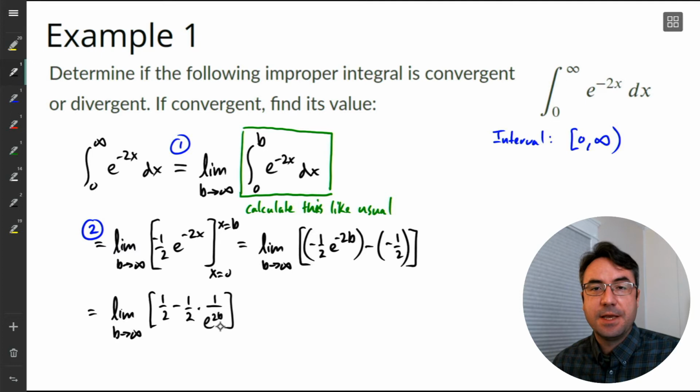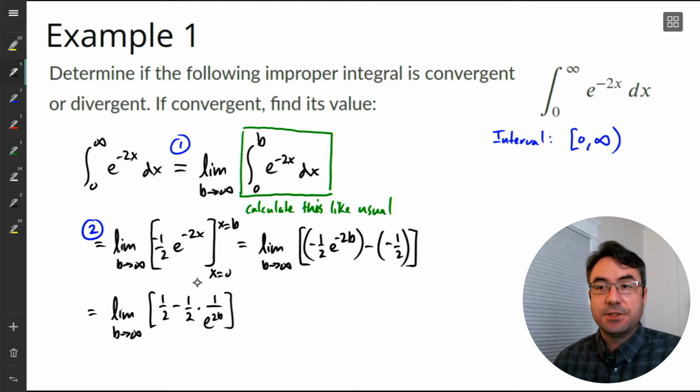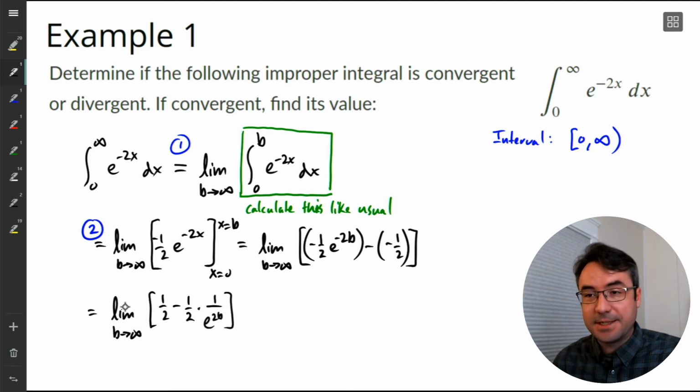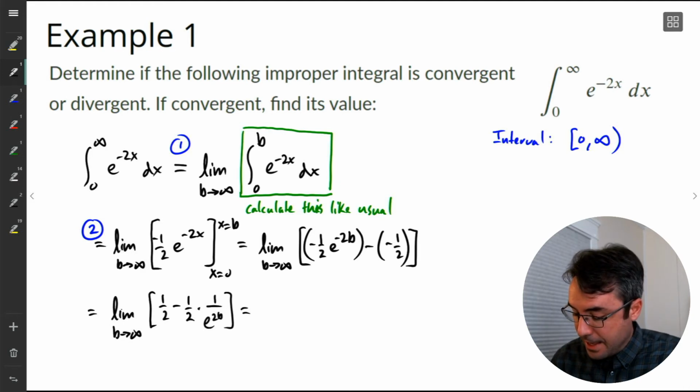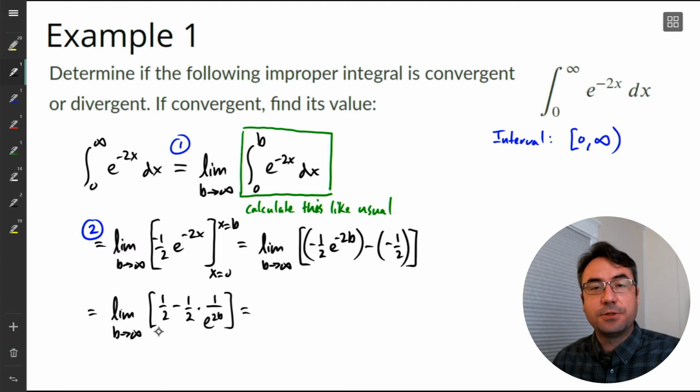All right. So now we're in a position where we can actually calculate the limit. We first rewrote our improper integral, then we went through and actually did the integration. Now we have it in a format where we can actually calculate this limit. Let's go term by term and think about what the limit is for each of these expressions.